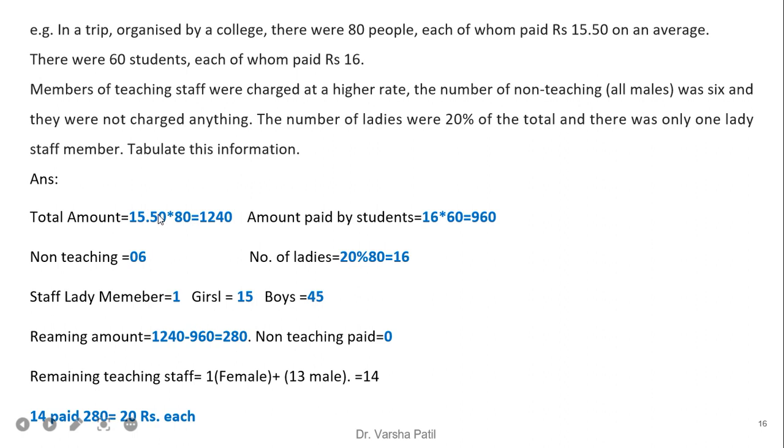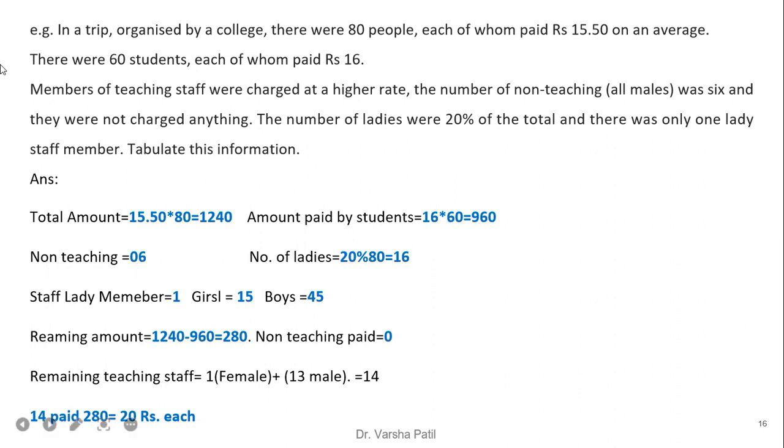When this amount is paid, students and staff members are both involved, and staff members paid more than the students, so this is the average paid by all 80 people. Now the amount paid by the students is 16 into 60, which is 960. Non-teaching staff is 6 but they didn't pay anything.